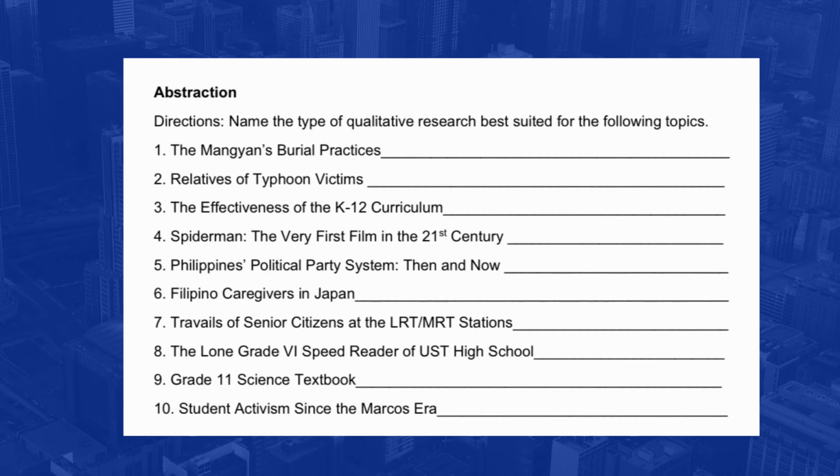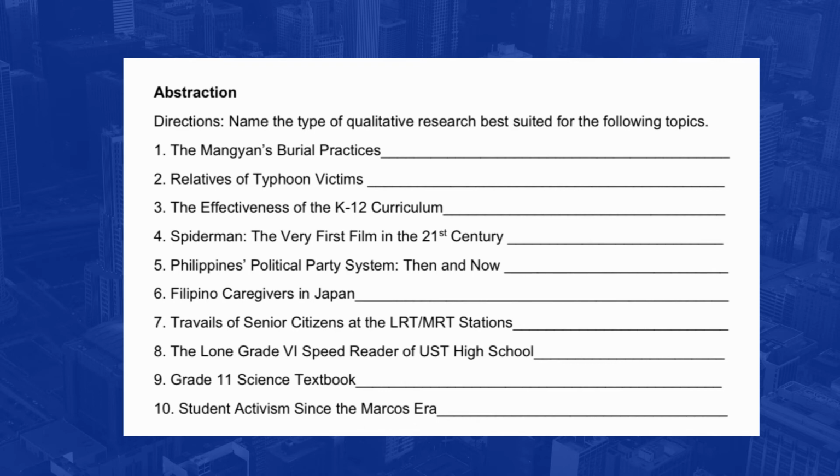Number 5, Philippines' political party system, then and now, is an obvious example of a historical qualitative research. It probably discusses what happened before and then now in the present.